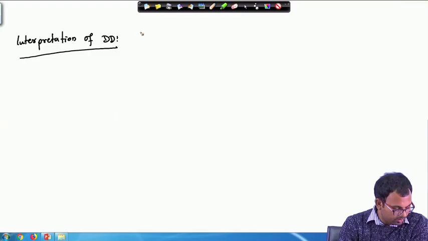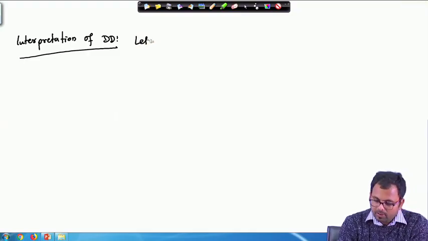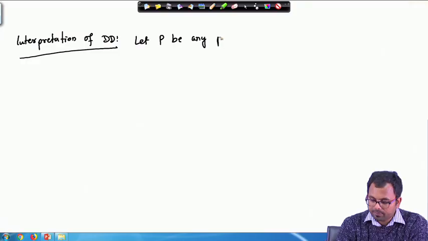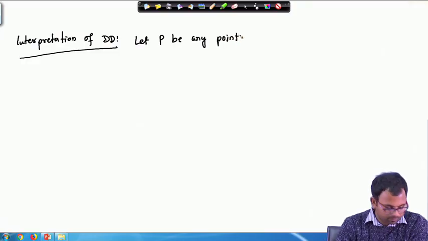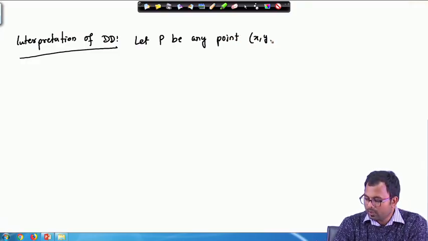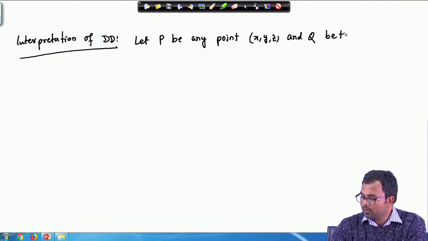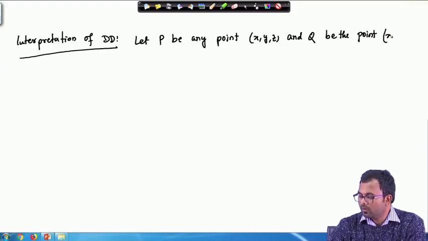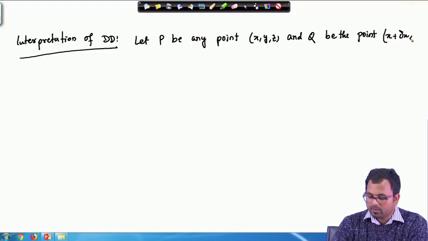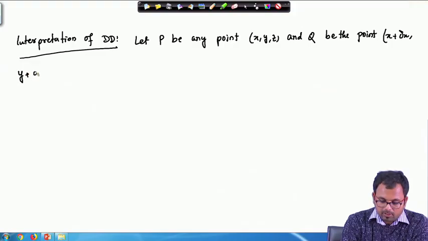So, the interpretation is: let P be any point (x, y, z), and Q be the point (x plus delta x, y plus delta y, z plus delta z).